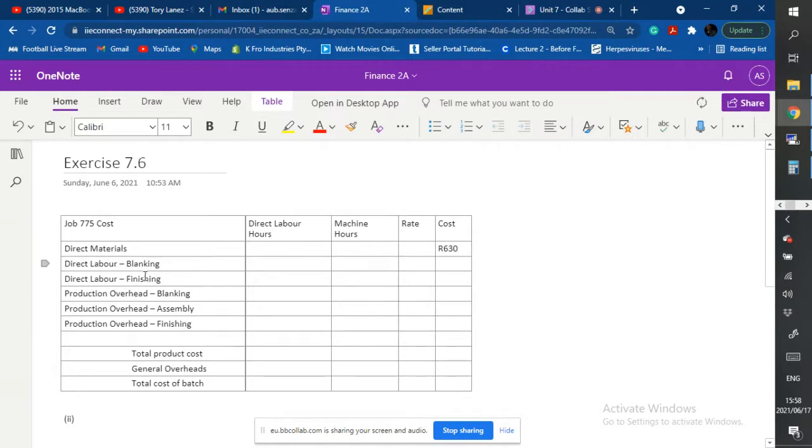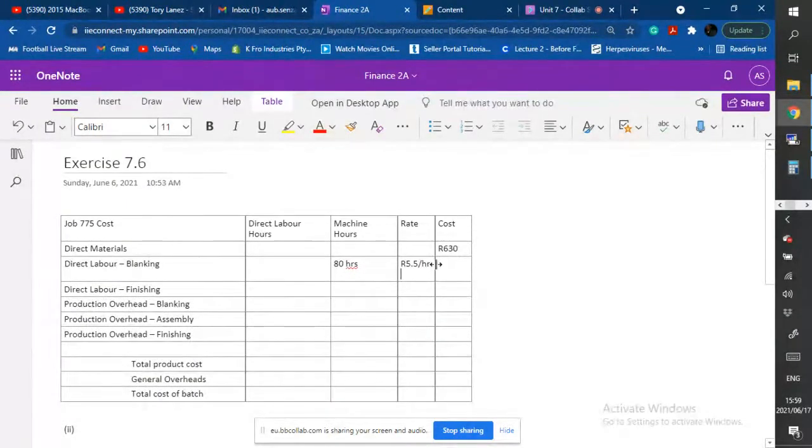So we can plug that in. Then here we need to calculate. For blanking, it was based on machine hours. How many machine hours did we have? We had 80 hours, at a rate of 5.5 per hour.